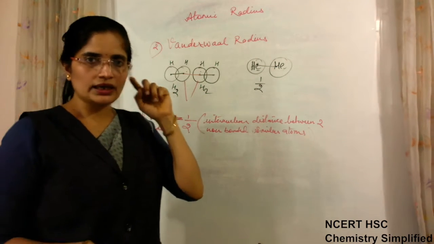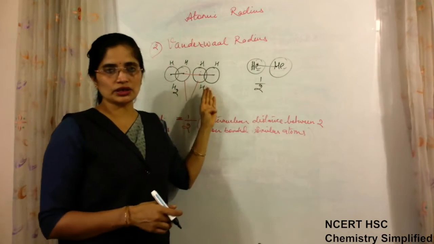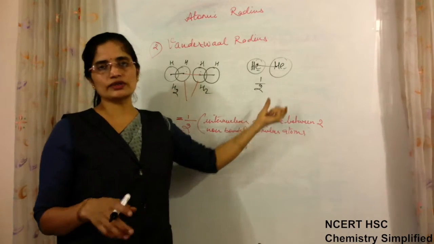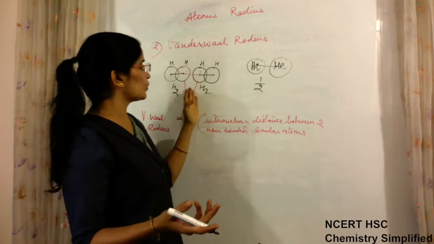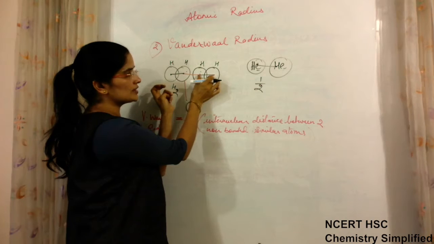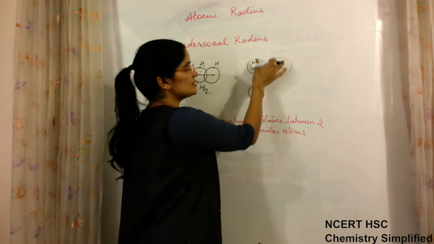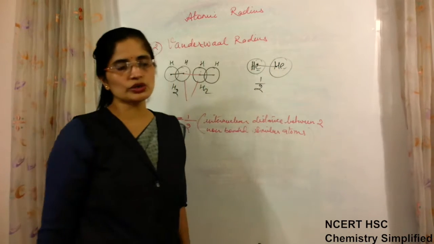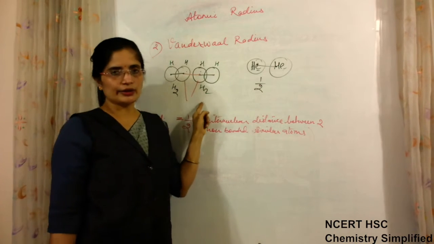Okay, but if we are comparing the radius of helium to the radius of hydrogen, then we cannot compare the covalent radius of this with the van der Waals radius of this. Definitely the van der Waals radius will always come out longer than the covalent radius of any element, because covalent radius is formed by overlapping, so the distance will be shorter and half of it will also be less. This distance is always longer because these are not bonded to each other. So why do we require the van der Waals radius of hydrogen?